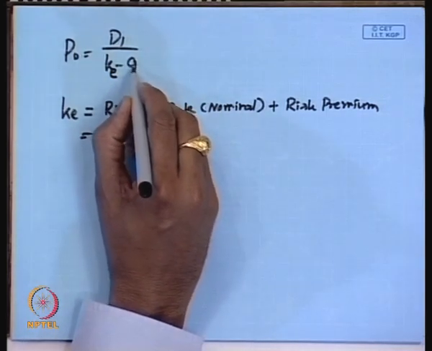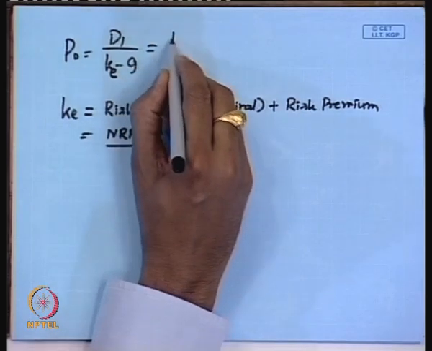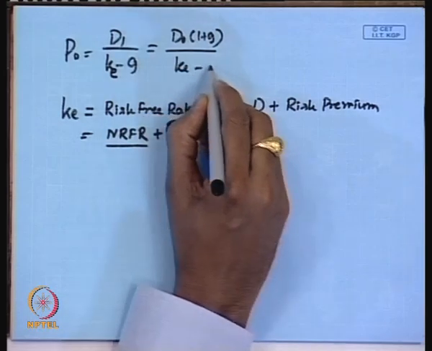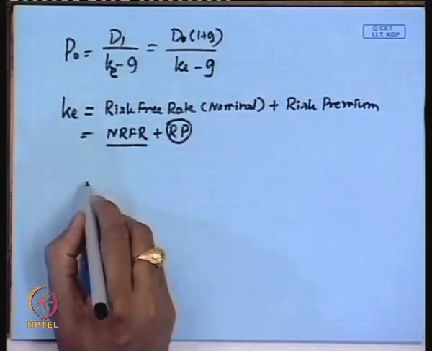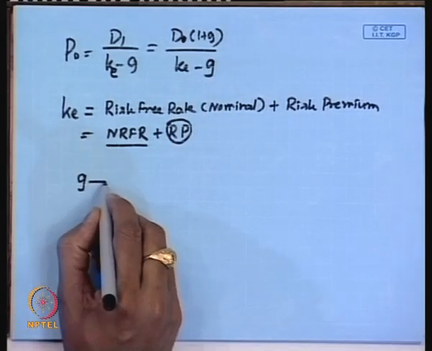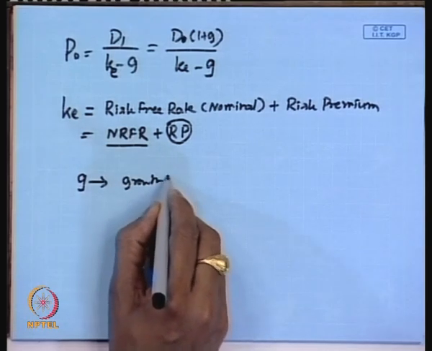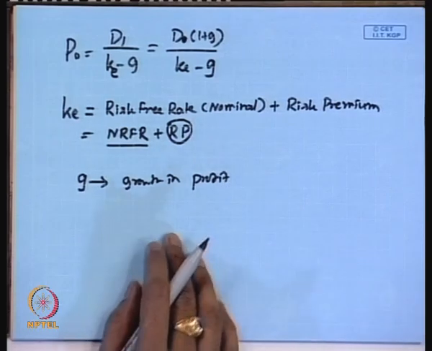Now, coming to the next thing, in this case G, as well as this is nothing but D0 into 1 plus G. So, we have got the growth rate, and this particular growth is nothing but growth in dividend, which depends upon the growth in profit of the company. The profit of the particular company depends upon the revenue, depends upon the expenses, because revenue minus expense is going to be profit, depends upon the tax.